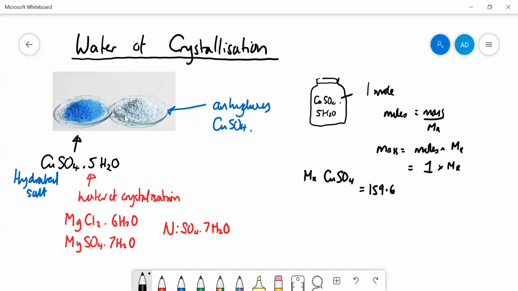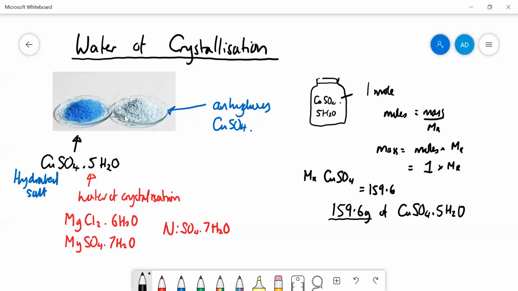So if I weighed out 159.6 grams of this stuff, I'd have 1 mole. But that would be wrong, because I'm forgetting that it's not copper sulfate, is it? It's copper sulfate with 5 water molecules in it. If I only weighed out 159.6 grams, I would have less than 1 mole of copper sulfate, because a lot of that would just be down to the water. I wouldn't be just weighing out copper sulfate, I'd be weighing out water.